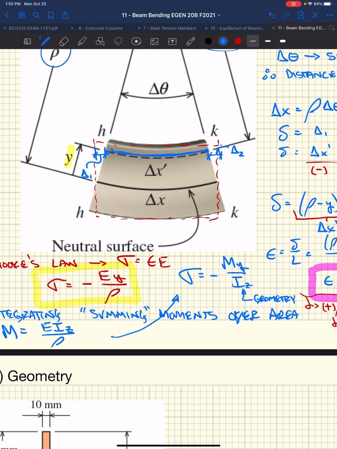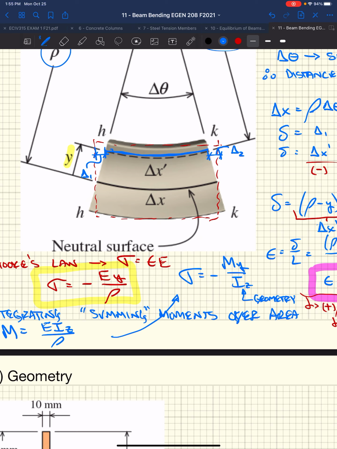X is running down the length of our member, Y is running vertical, and Z is running outward of the page. So if we had a steel I-beam running between two points, our Y-axis is vertical, our X-axis is running down the length of our beam, and the Z-axis is the one crossing our cross-section, sticking out at you.